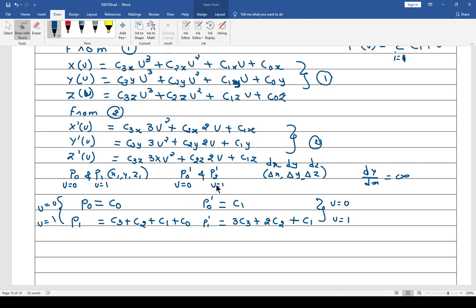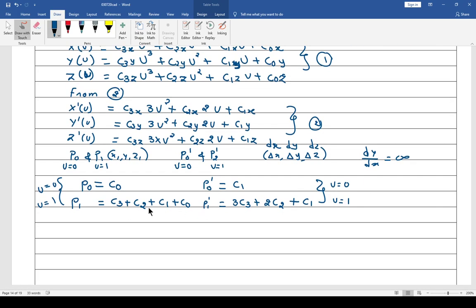So this is how I got the 4 equations. We already know the values of p0 and c0, because c0, c1, c2, c3 are the unknown constants that we have to find out. The c0 value I know, which is equal to p0, and the c1 value I am aware of, that is p0 dash.